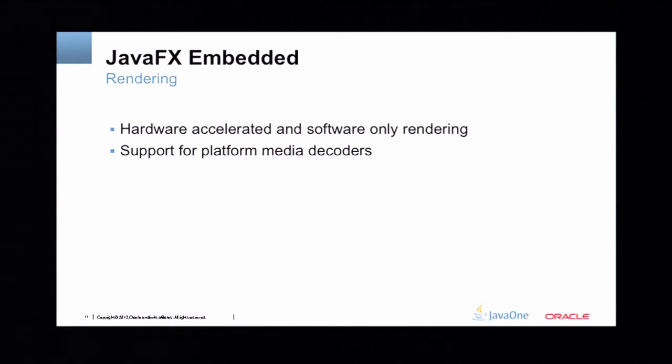Your trade-off, of course, is that price for the real lack of performance. It's significantly slower, but we do support software fallback. We're working and very close to supporting media platform decoders. So if your platform has GStreamer plugins for H.264, we should be able to use those, certainly by the time we release with SE8.